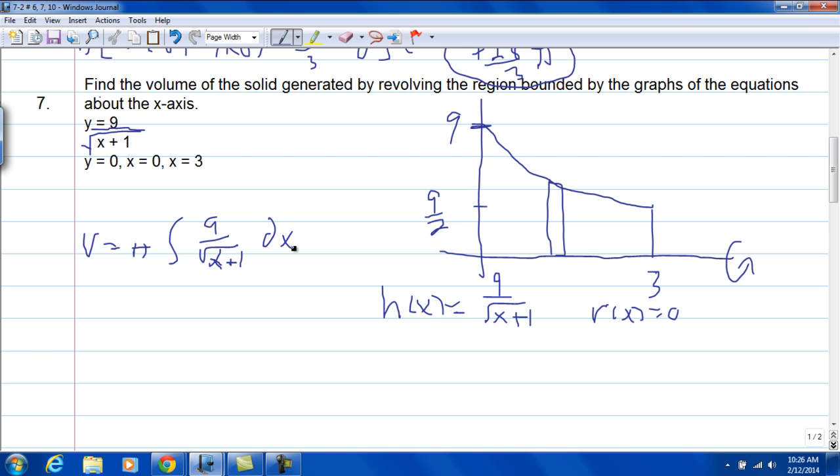Then limits of integration, we need that, going from 0 to 3. Oh, forgot this has to be squared. So our volume is going to be pi times the integral from 0 to 3 of 81 over x plus 1 dx.